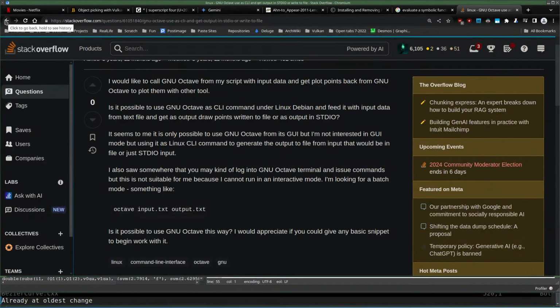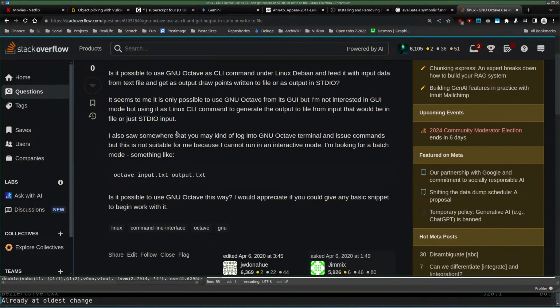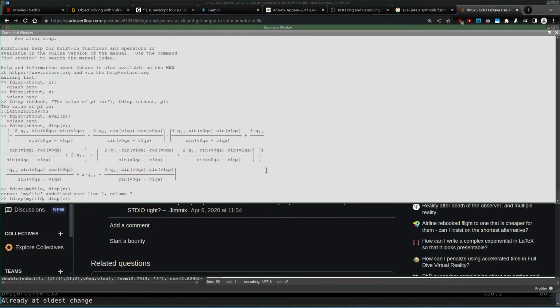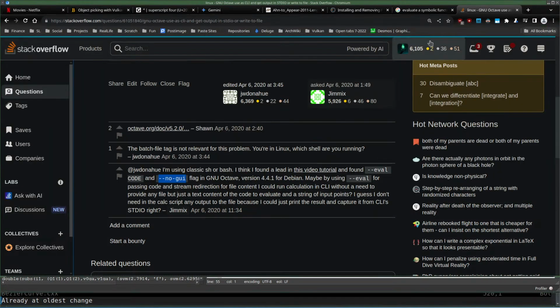Okay, let's do something else, like eval code. The no GUI option might help. Let's try exiting this.